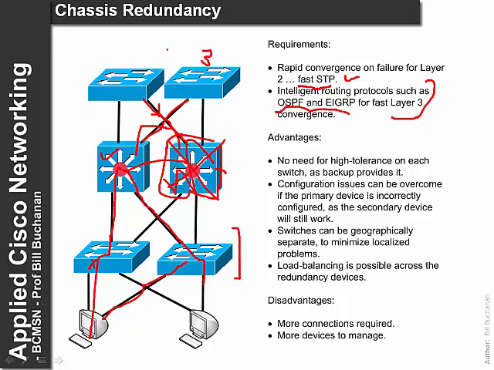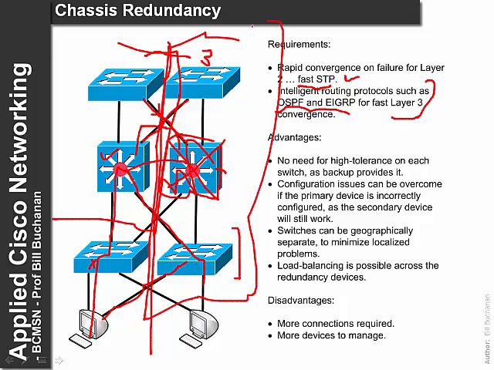The switches themselves are typically geographically distributed, so that a failure of power in one area will typically not cause an outage in another geographical area. We can also load balance on these switches. The disadvantage is obviously that more connections are required and more devices need to be managed.